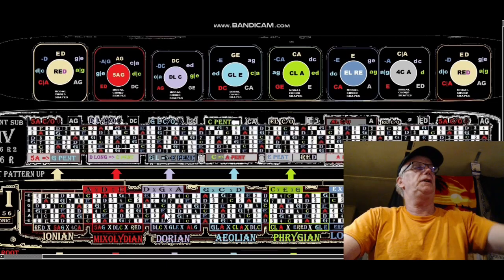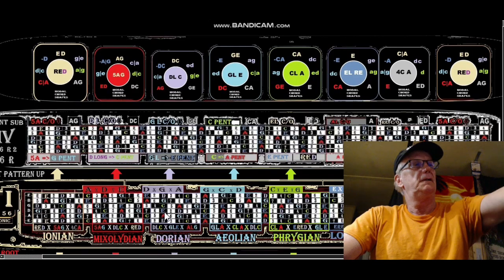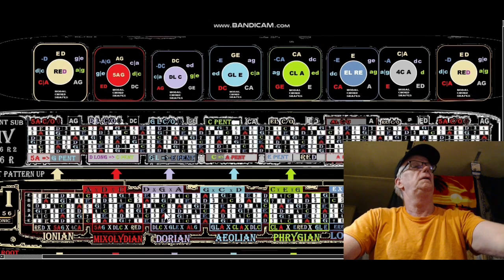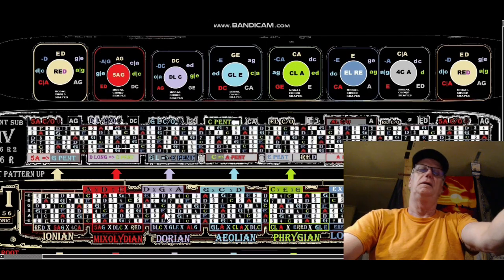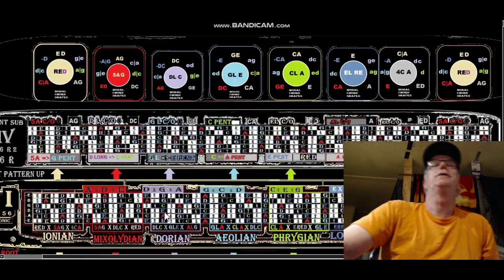The key of G, it would be... okay. Those are your modals.